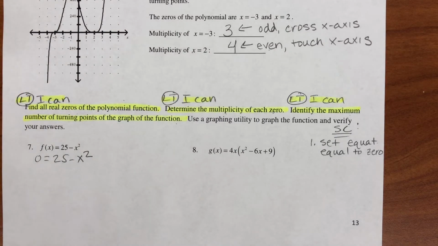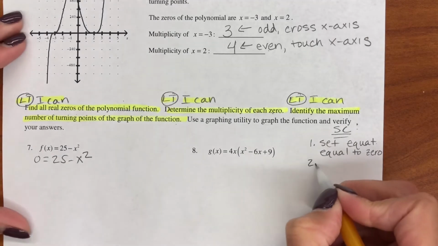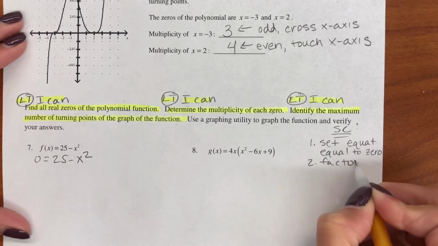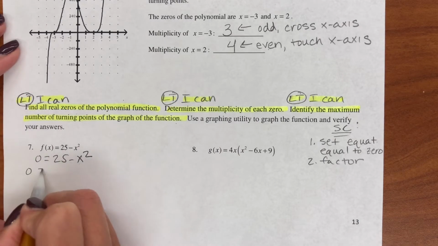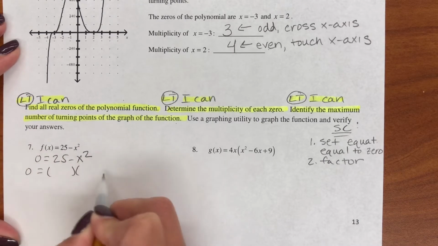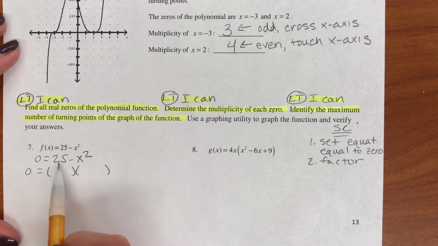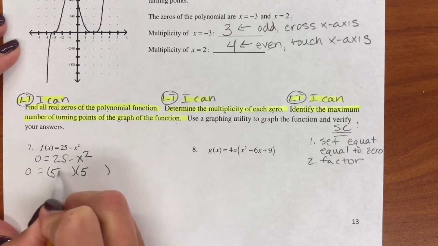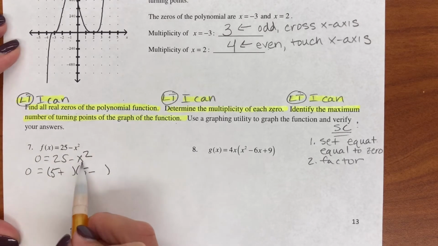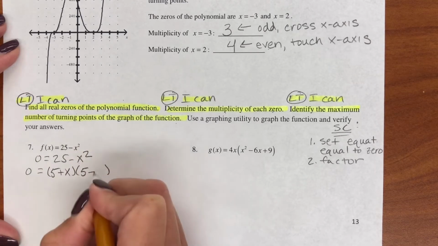Now we need to factor. So we want to break down this 25 minus x squared into factors. So this is a binomial, it's a difference of squares. So I'm going to take the square root of 25, so 5. Signs are always plus and minus. Square root of x squared is x.